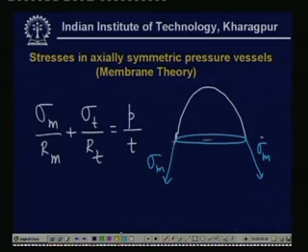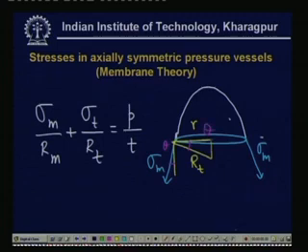Of course, the radius is r, and remember this radius, this is r t. Now, this angle is again theta. If this is called theta, then this is also theta.